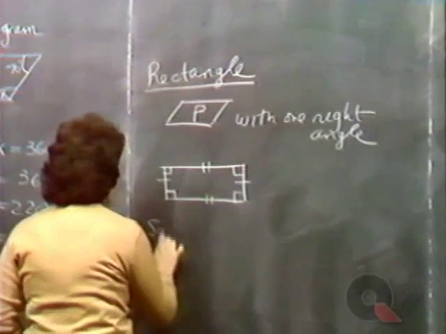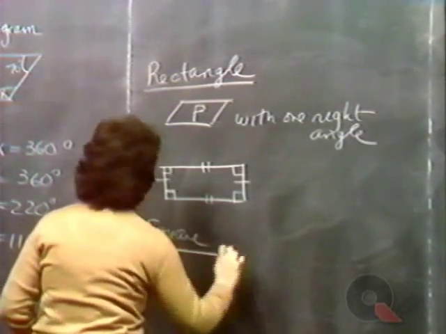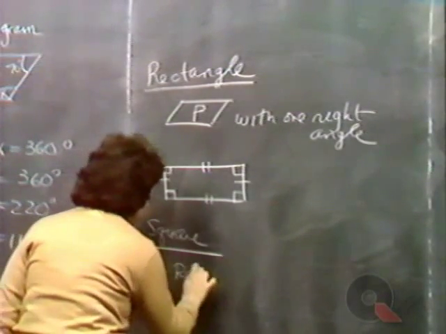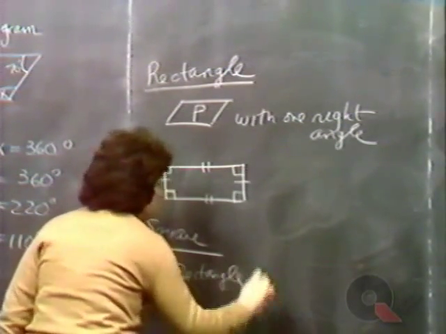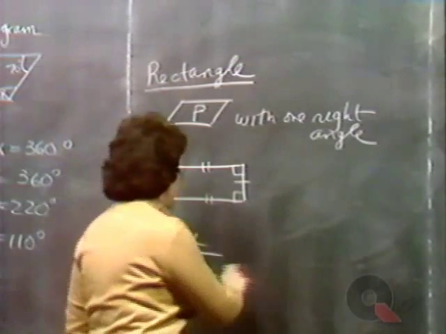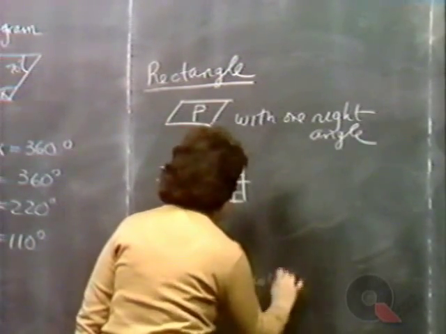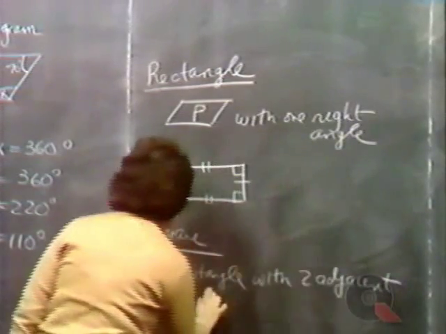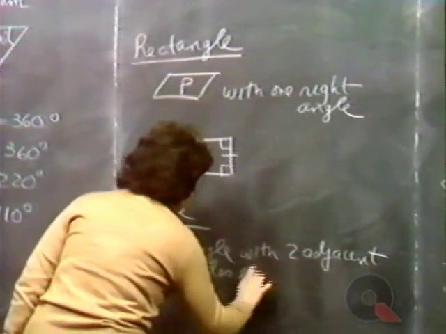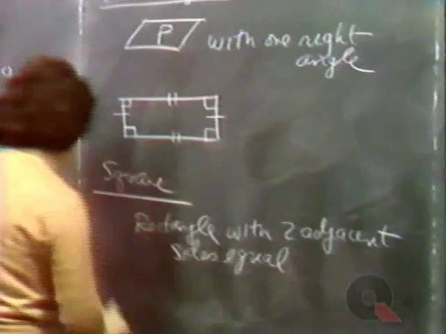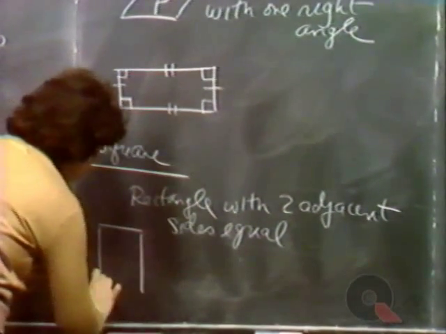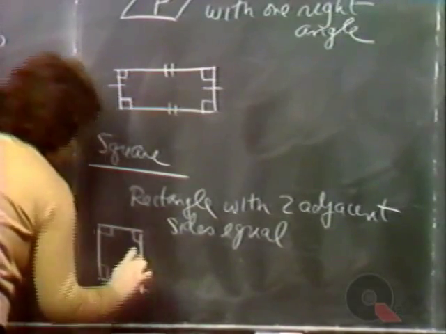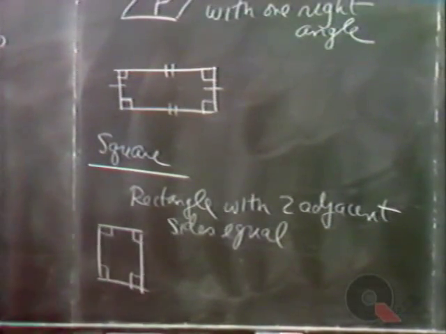The next one, a square. A square is a rectangle that has 2 adjacent sides equal. And you might say, well, I thought a square had 4 sides equal.